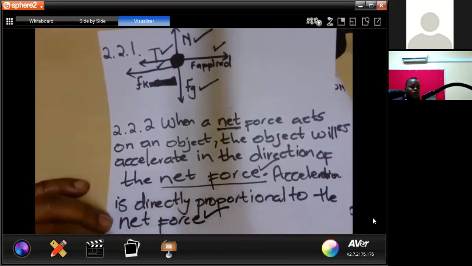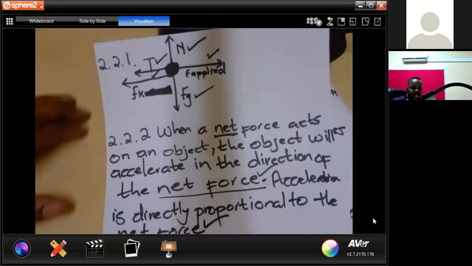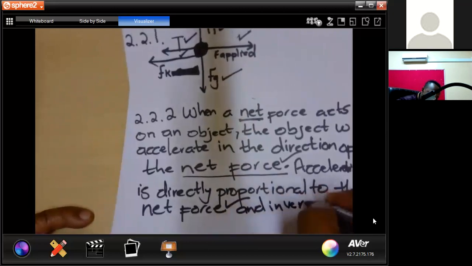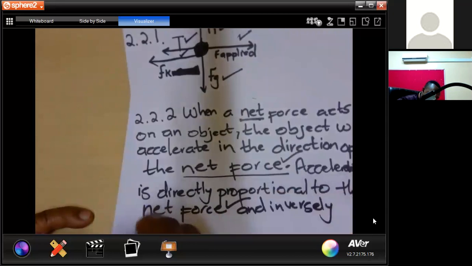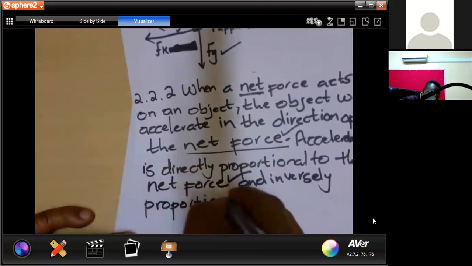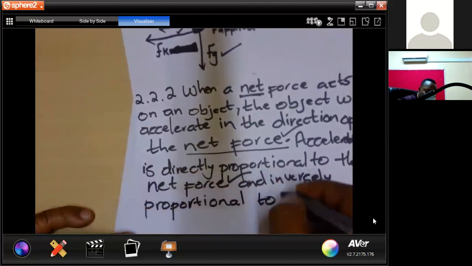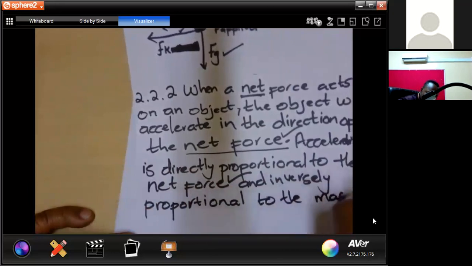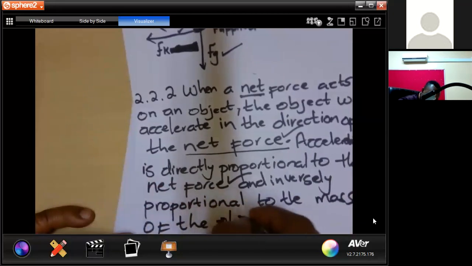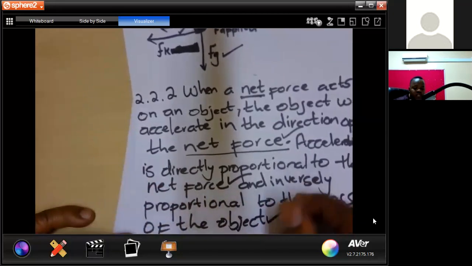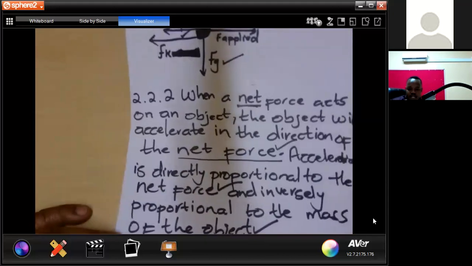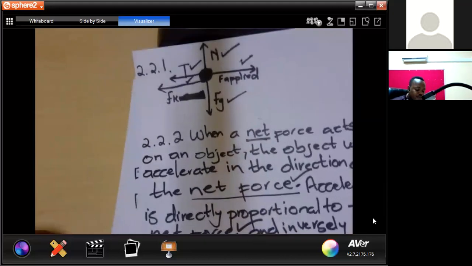That carries a mark because you gave us the relationship between acceleration and net force. And you will say, and it is inversely proportional to the mass. And the mass is obviously now the mass of the object, right? And that will give you the 3rd mark. Are we together, my dear learners? So that is essentially how you will get your 3 marks.